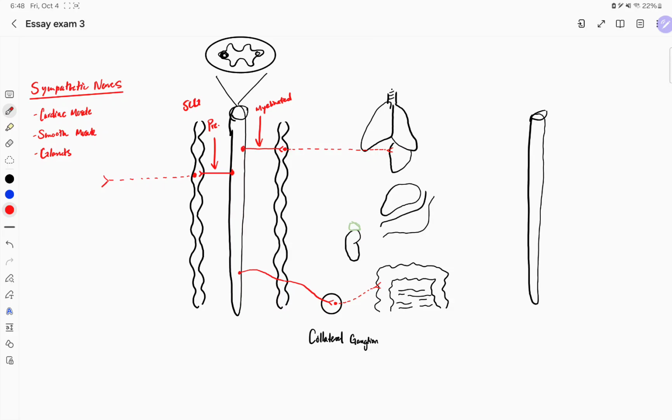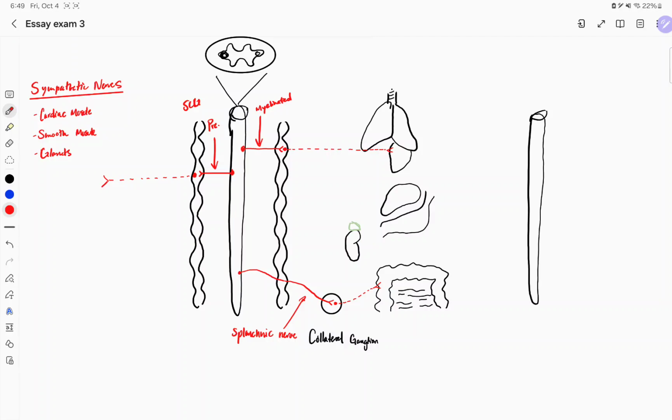For example, the colon, the small intestines, the stomach, etc. And those are our splanchnic nerves. Like so. All right.